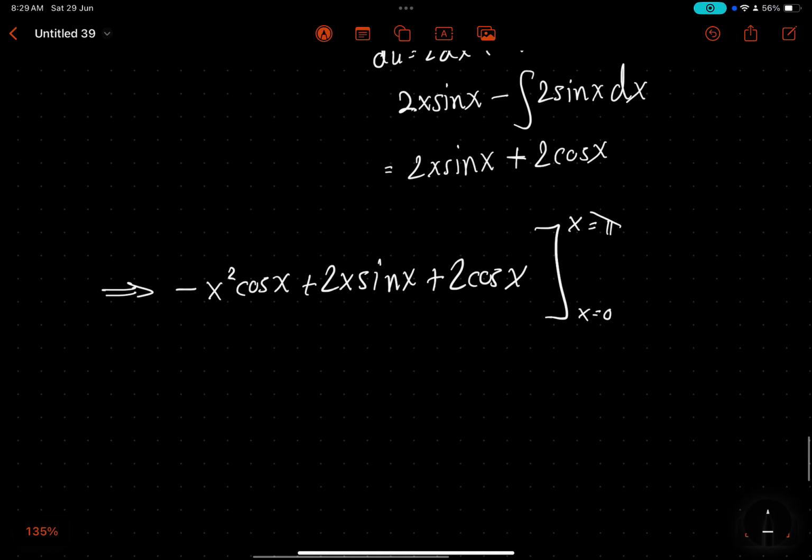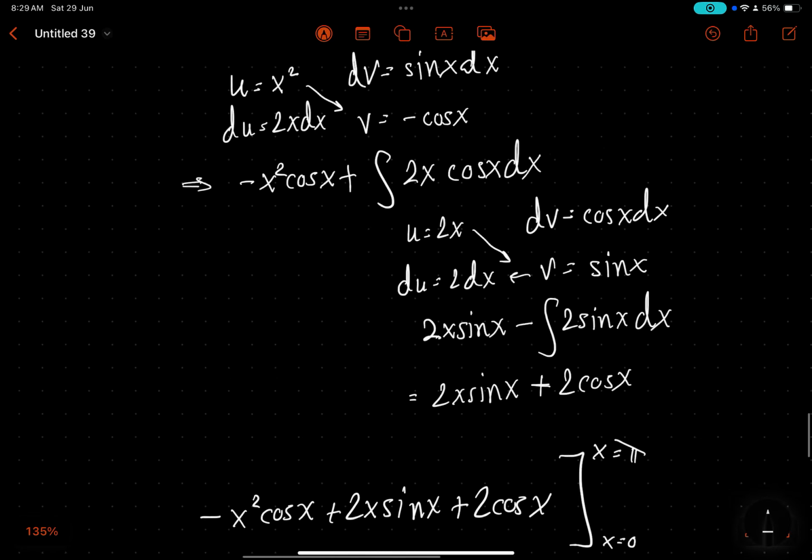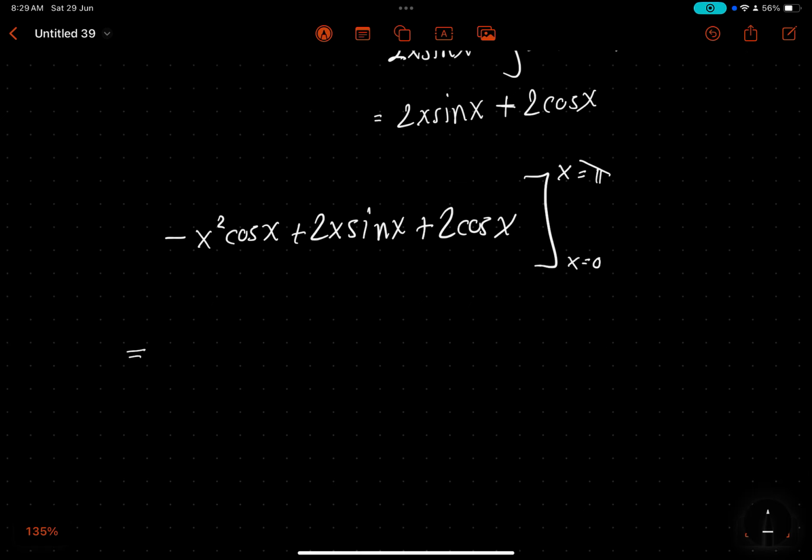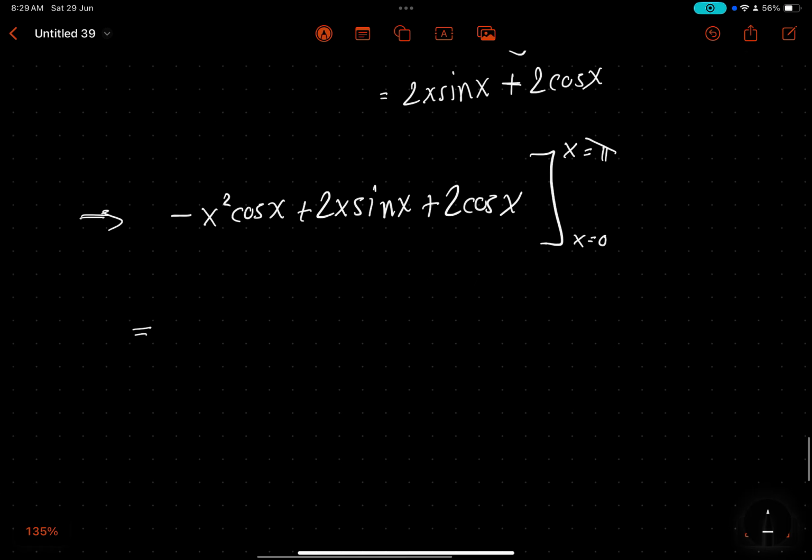For x equals pi, cosine of pi is -1, so minus pi squared plus pi squared, plus sine of pi is 0, so 0, and then plus 2.